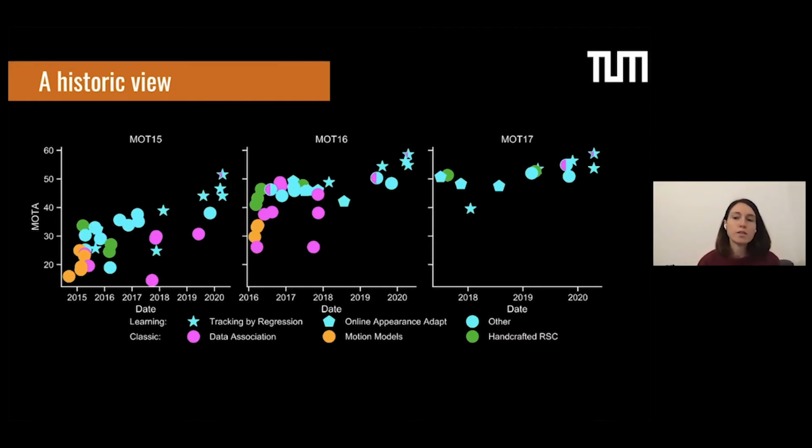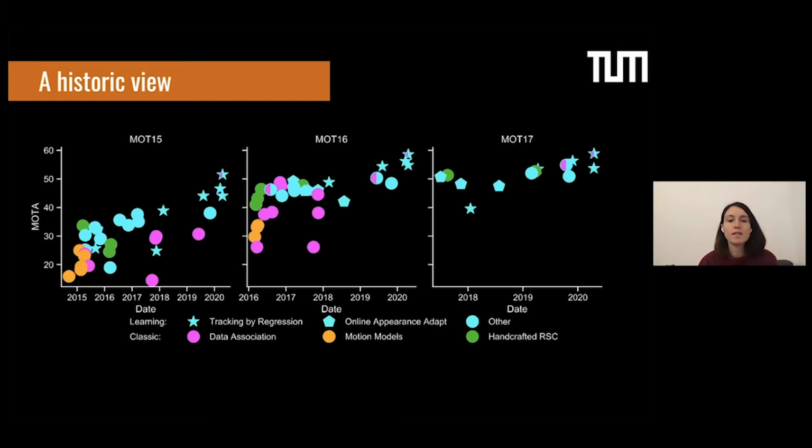You can see two interesting trends. One is that until 2018, people were focusing a lot on optimization for data association, going from simpler to more complex optimization methods. Another interesting trend is that motion models were very much in use in 2015-16, but later on they die out.